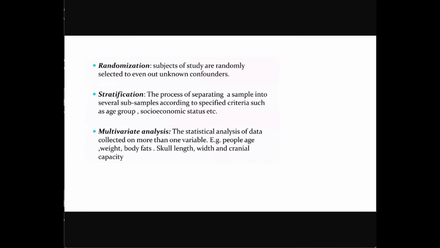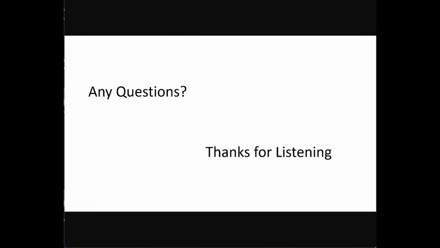You do matching so that you get exactly what you want. Randomization is by chance. Then stratification, you stratify. Multivariate analysis, you put all the confounders in the model and eliminate any association.